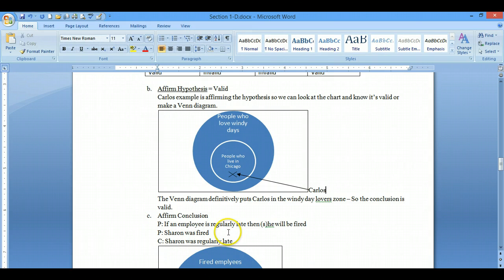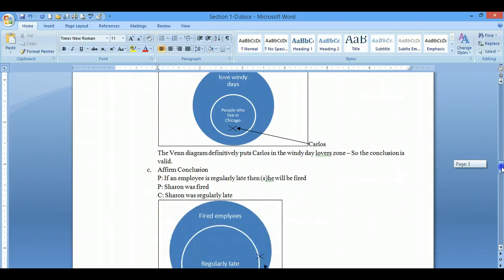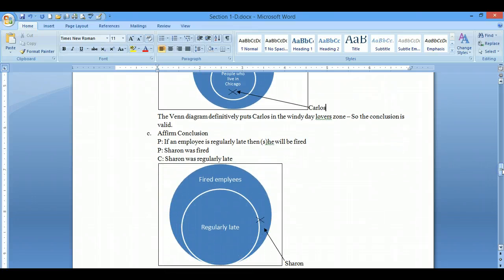Now we state Sharon was fired. And the conclusion, Sharon was regularly late. Did we put her within that regularly late set? No, we only put her in the fired set. She can be anywhere in that fired set.